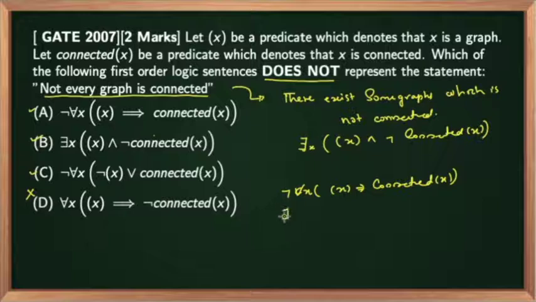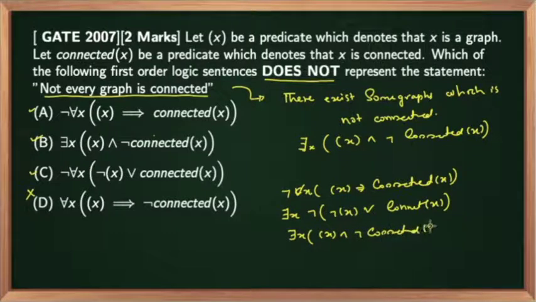So we'll have there exists an x, not (not graph of x plus connected of x). By De Morgan's law, that will be equal to there exists an x, graph of x and not connected of x. So this is the same expression as here.